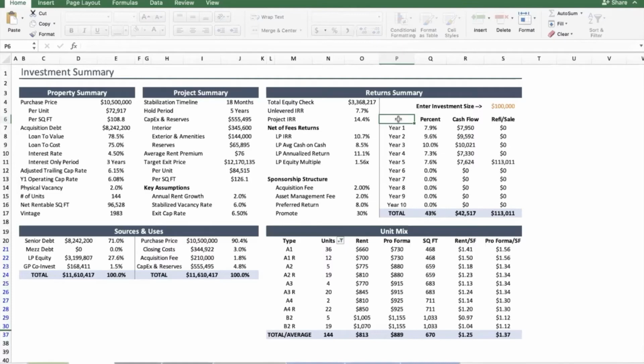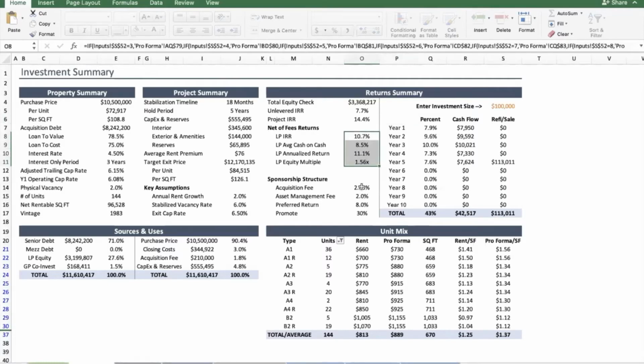So I think right now you can typically expect anywhere from 13 to 17% project level IRR, which then results to anywhere from 9 to 14 LP IRR, depending on the structure. So here in this particular deal, we're not so focused on the returns themselves, but just how they're affected by the GP structure.